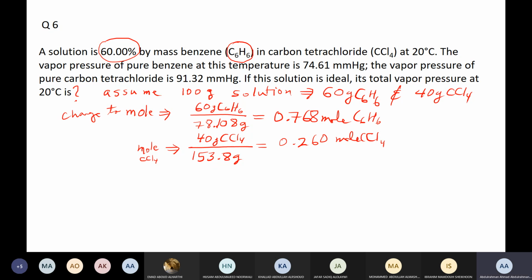Then what's the next step? We need to do the mole fraction of C6H6.